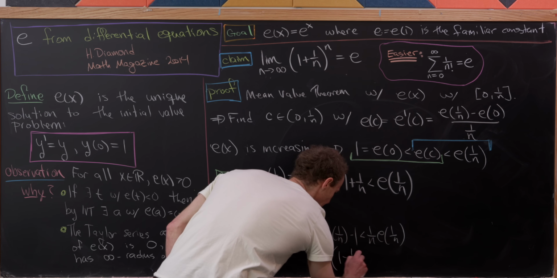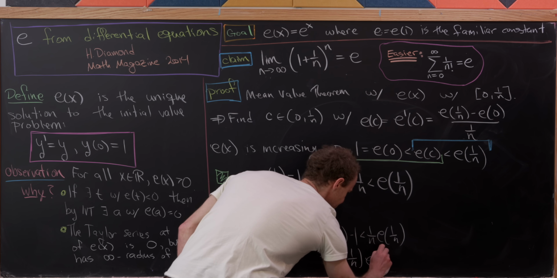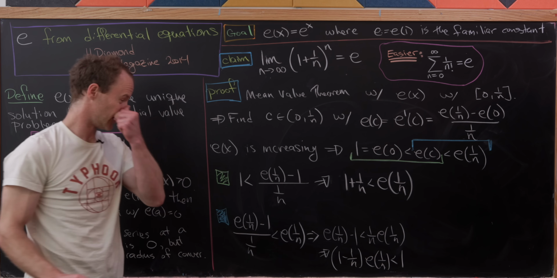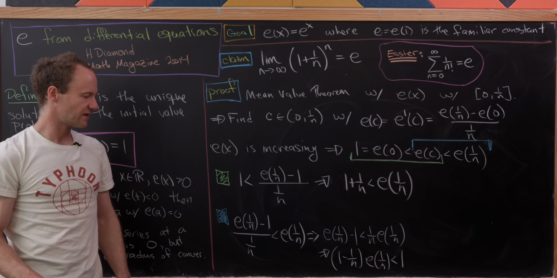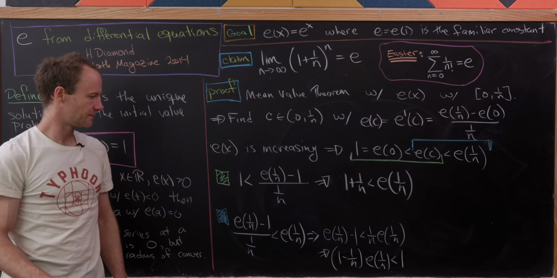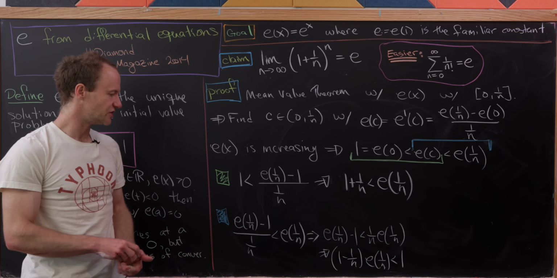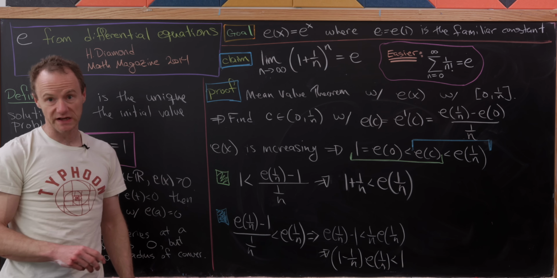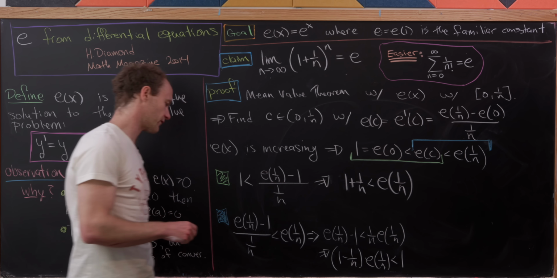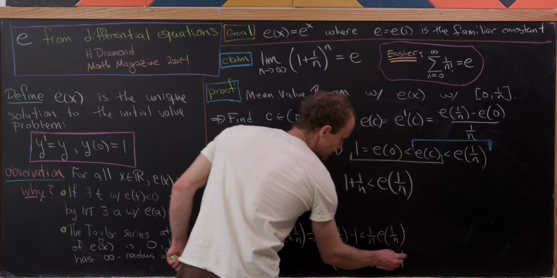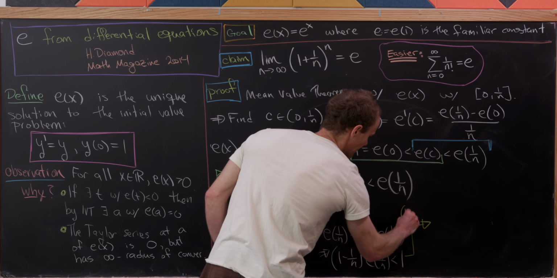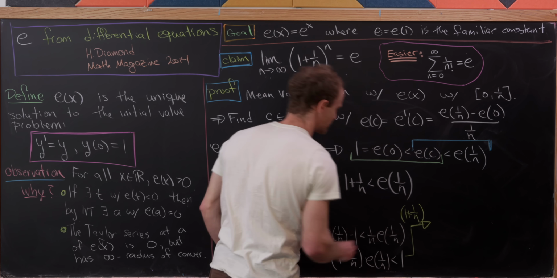We'll have 1 minus 1 over n times e evaluated at 1 over n is less than 1. Okay, so I think that's looking pretty good. And from here, what we'd like to do is introduce a 1 plus 1 over n term. So we'll do that by taking this entire inequality and multiplying by 1 plus 1 over n.